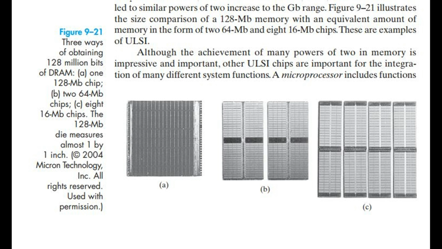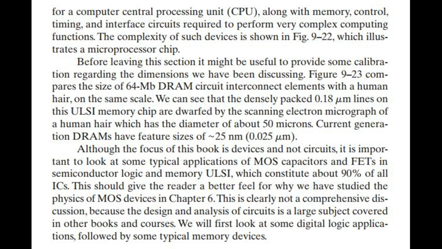Figure 9.21. 3 ways of obtaining 128 million bits of dynamic random access memory, A. 128 megabyte chip, B. 2 64 megabyte chips, C. 8 16 megabyte chips. The 128 megabyte die measures almost 1 by 1 inch. 2004 Micron Technology, Incorporated. The complexity of such devices is shown in Fig 9.22, which illustrates a microprocessor chip.